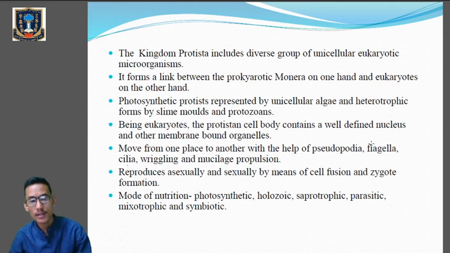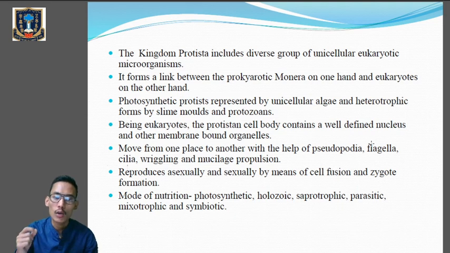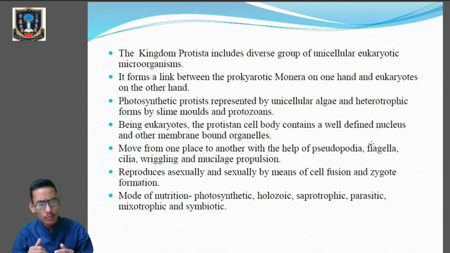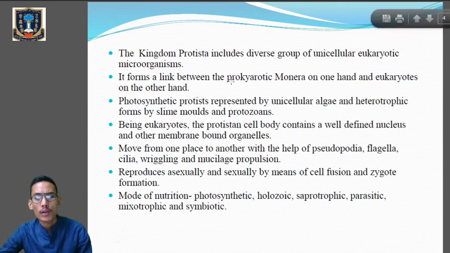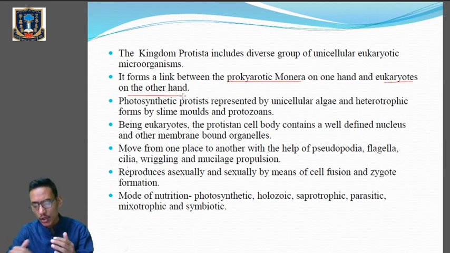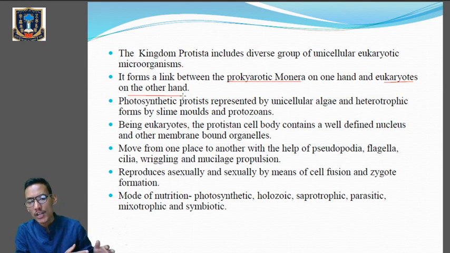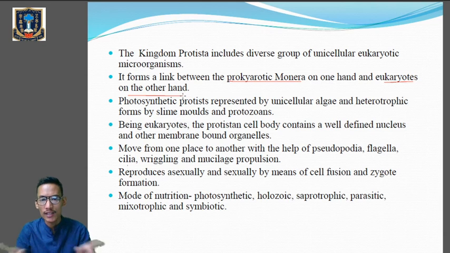When we study Protista phylogenetically, from the evolutionary point of view, we find that these Protista form a link between the prokaryotic Monera and the eukaryotes on the other hand. So it acts as a connecting link between these two groups.